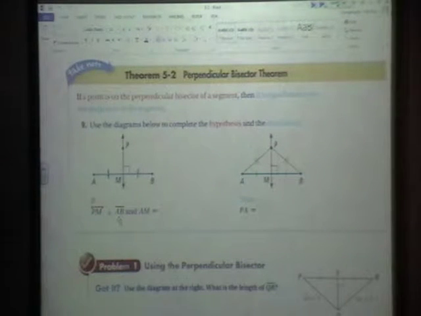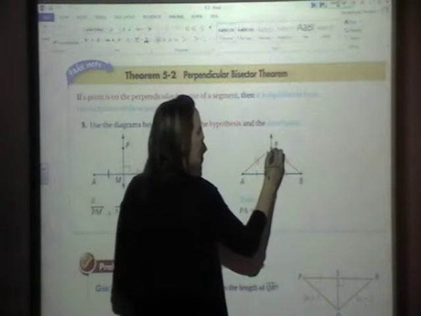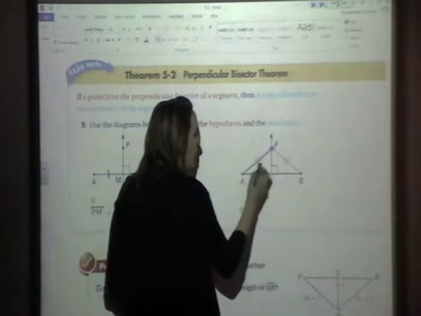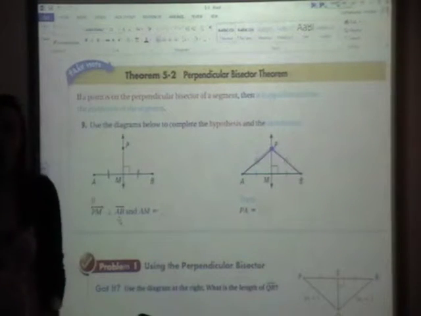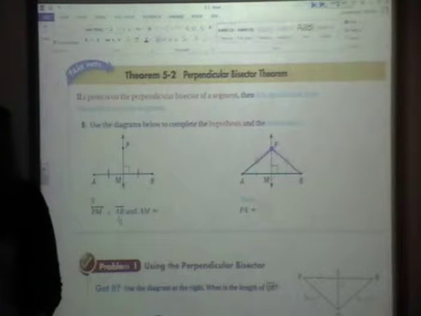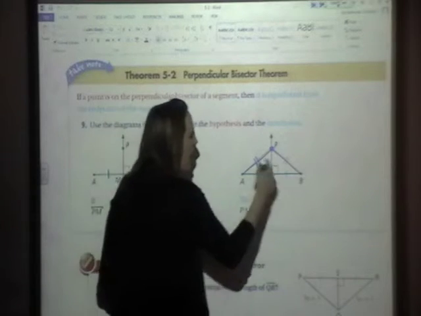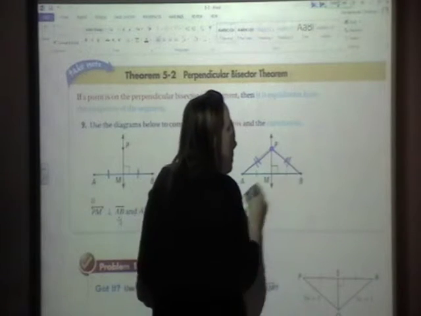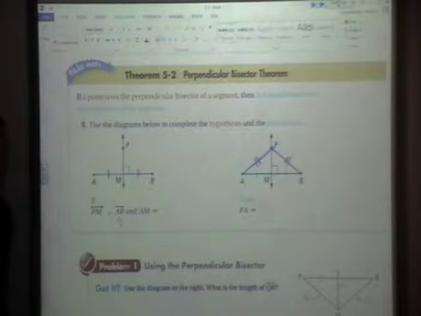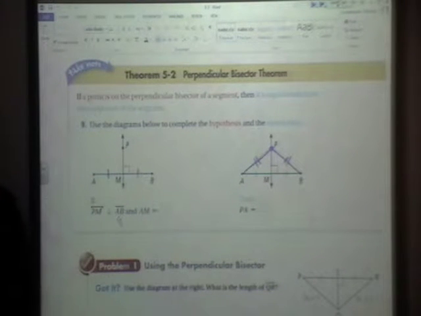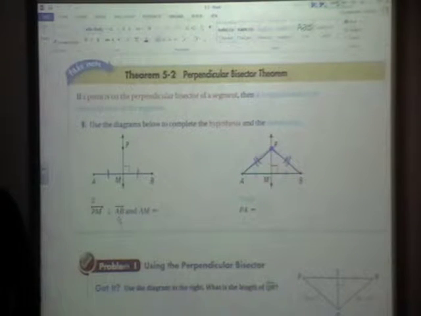It also says that if you have a point P on your perpendicular bisector and you draw a line from P to the original endpoints, those two are equidistant. The measure from A to P, which created a triangle, and from B to P are the same, because it too created a triangle. It's all based on the fact that it was created at the midpoint and that P is on the perpendicular bisector.